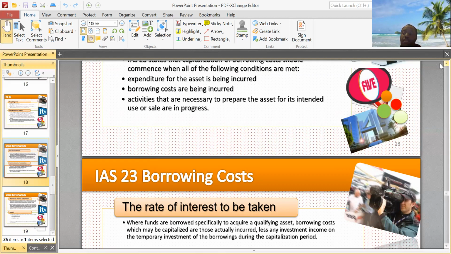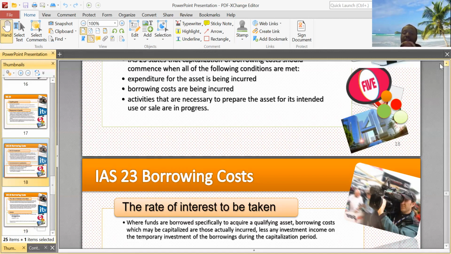Borrowing costs which may be capitalized are those actually incurred. In that case, you can capitalize the borrowing costs. That's very essential. So let me just read what we have here.